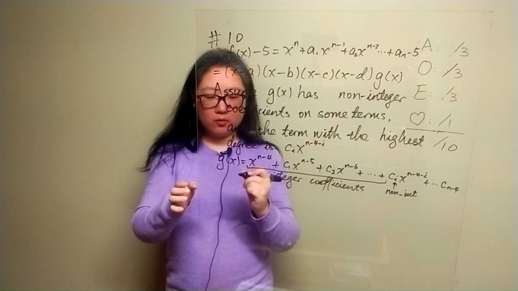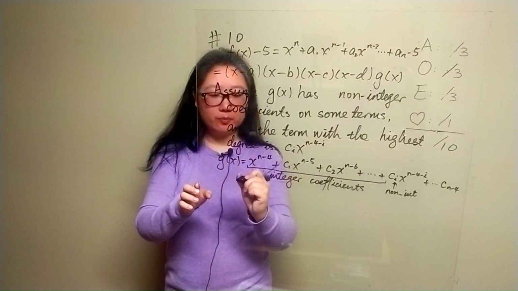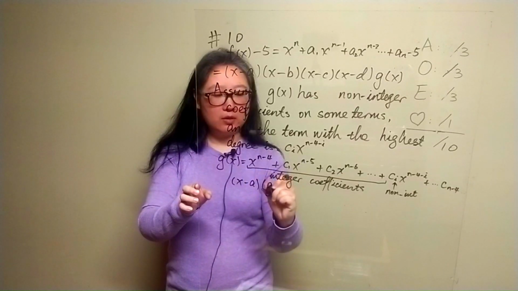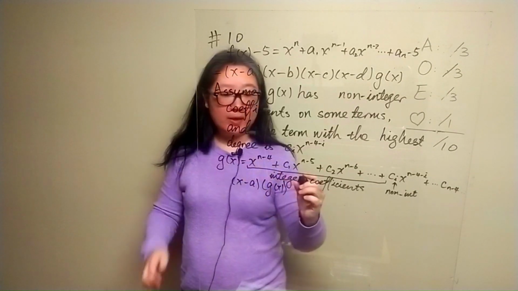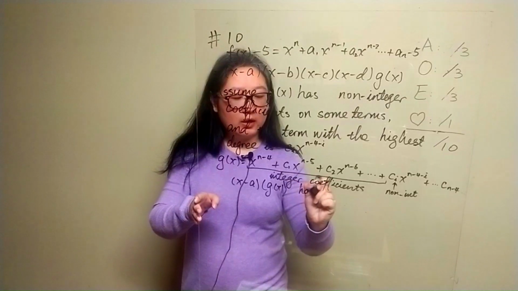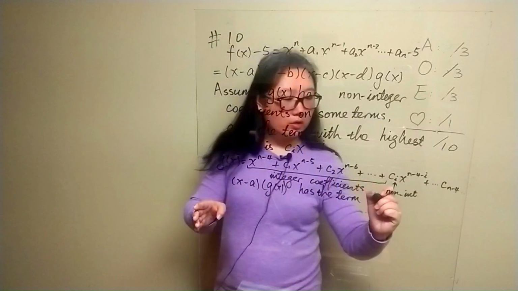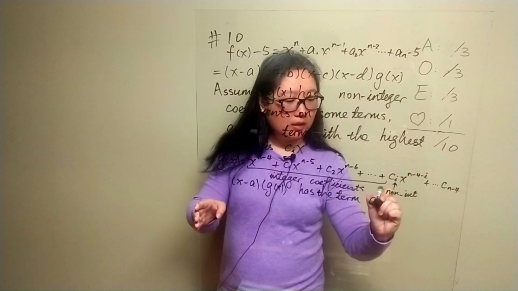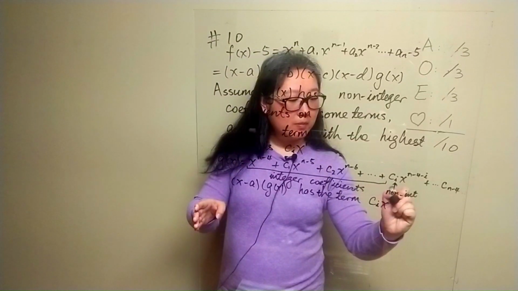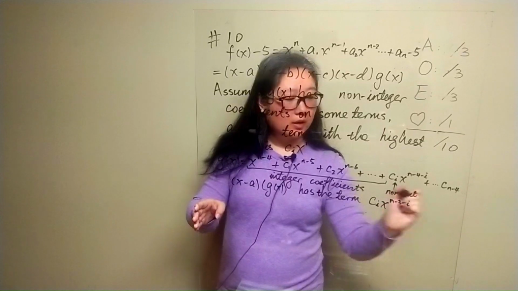Let's say we just take one of these binomials, x minus a times g of x. In the expansion, x is going to multiply by this non-integer one, so c i x to the n minus 3 minus i.